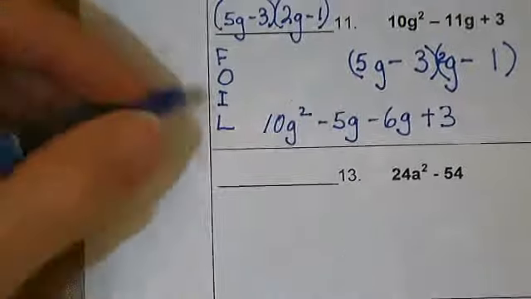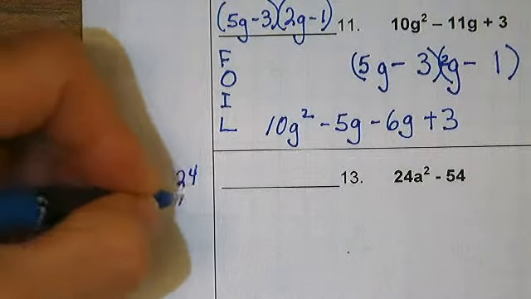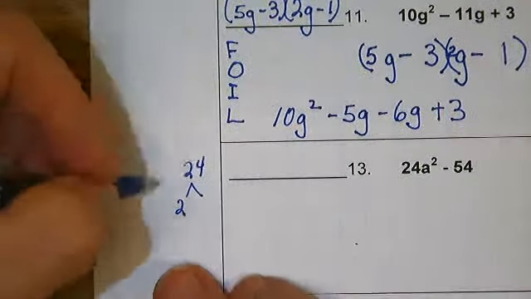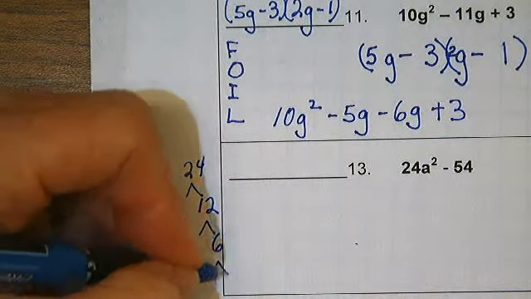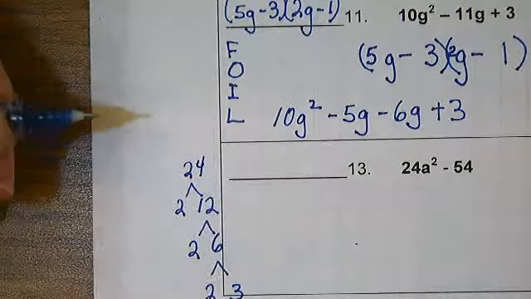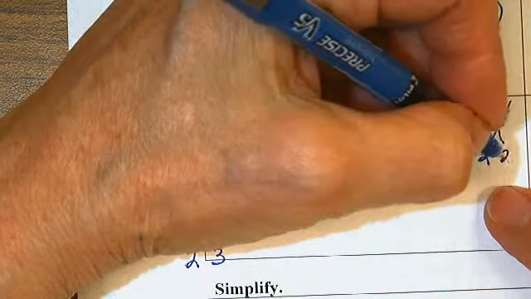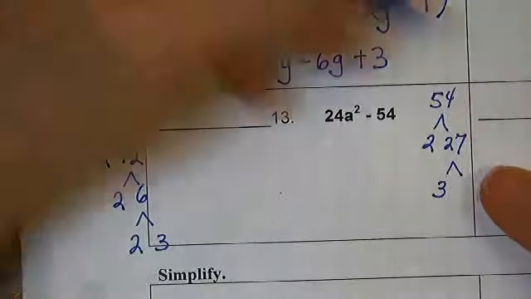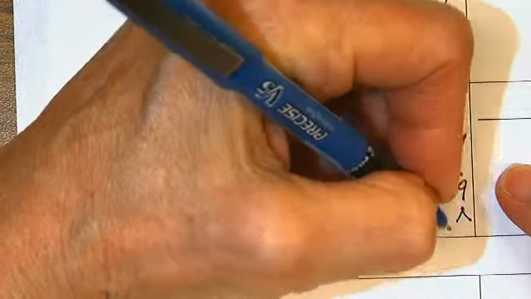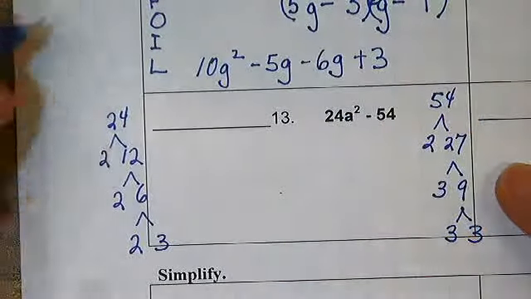Do I have a greatest common factor? 24: 1 and 24, 2 and 12, 3 and 8, 4 and 6. 54: 2 and 27, 3 and 18, 6 and 9.